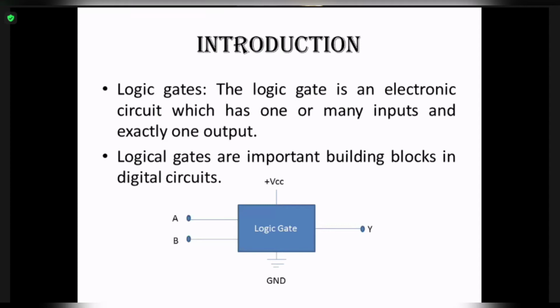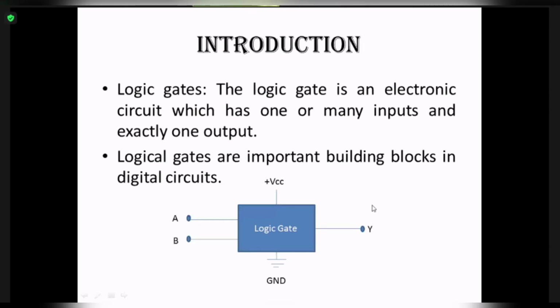How you get that one output depends upon the gate you are using. Whatever circuit and electronic component you are using, accordingly the data will be processed by this logic gate and you will get exactly one output.